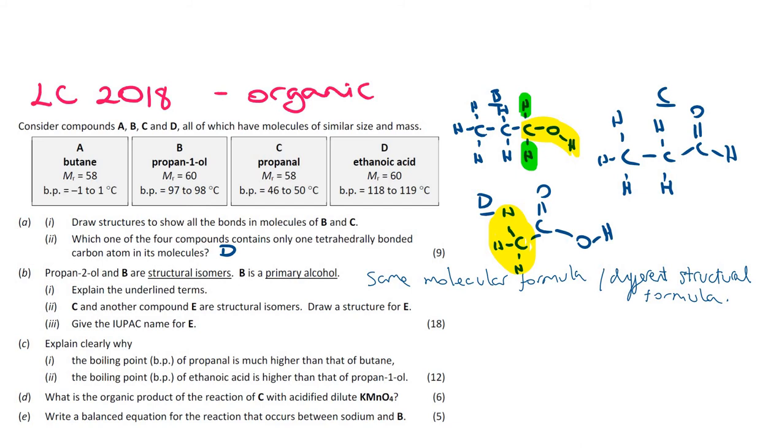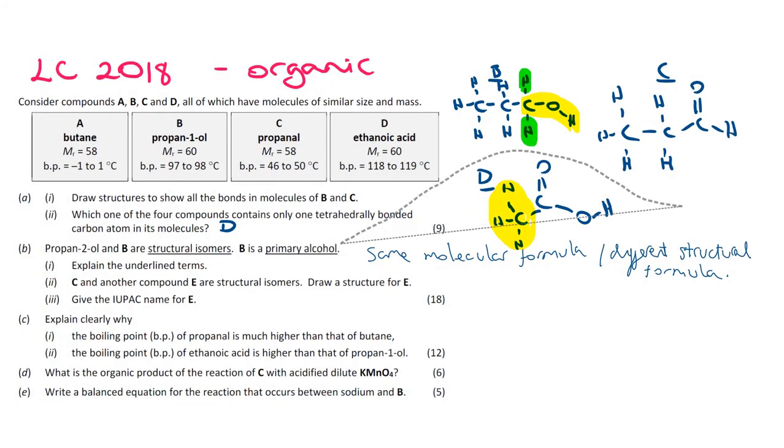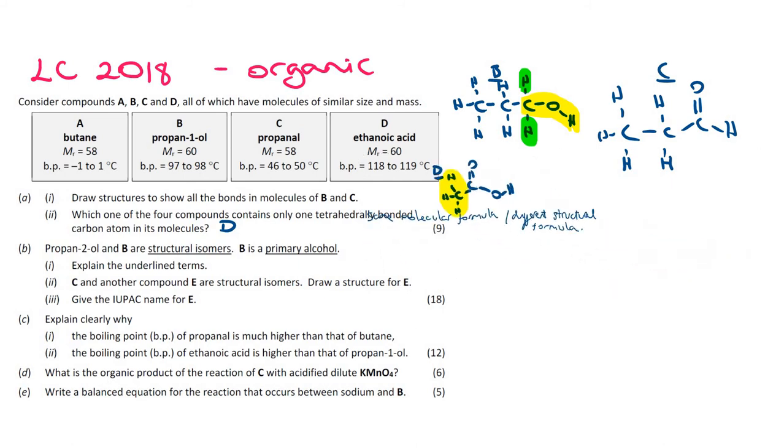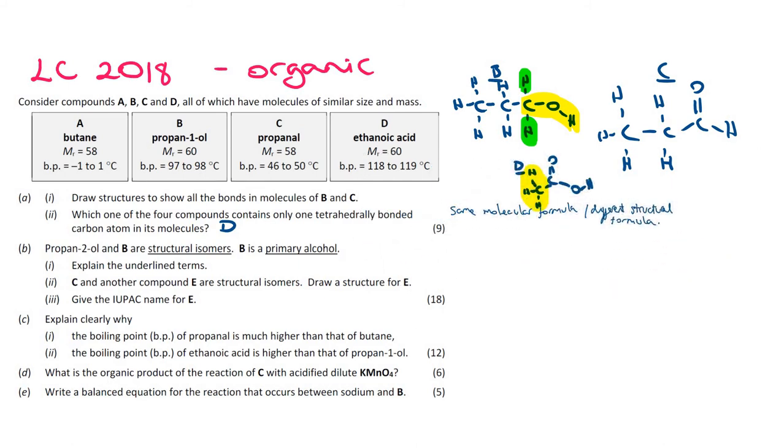C and another compound E are structural isomers. Draw a structure and give the IUPAC name for E. So when you've got propanal, an isomer of propanal is when you take the double bond and put it in the middle of the chain of carbon atoms rather than at the end.